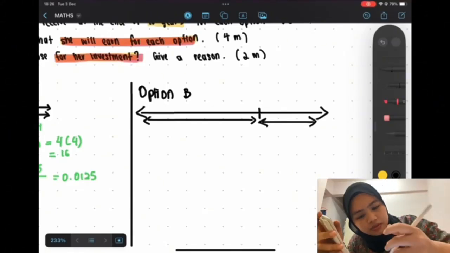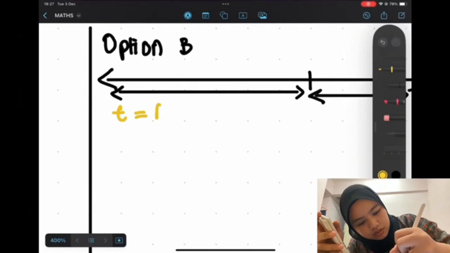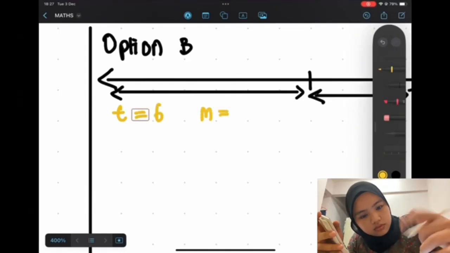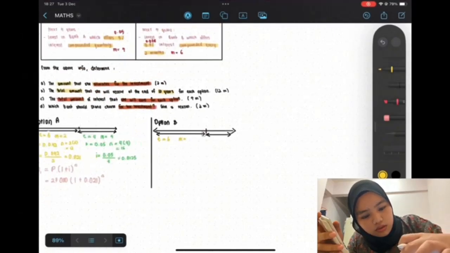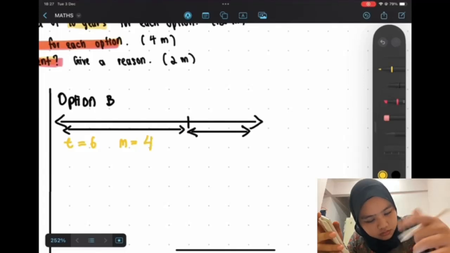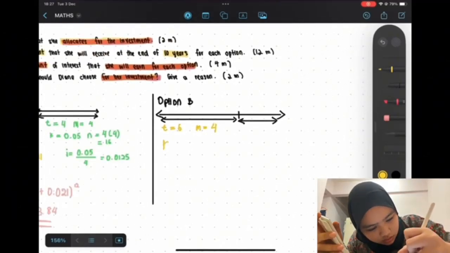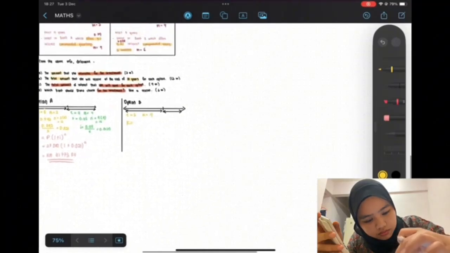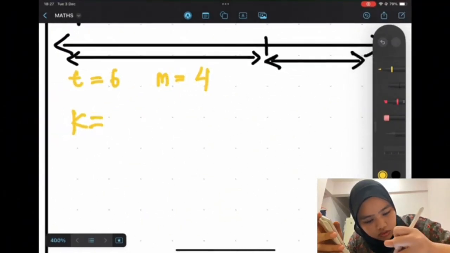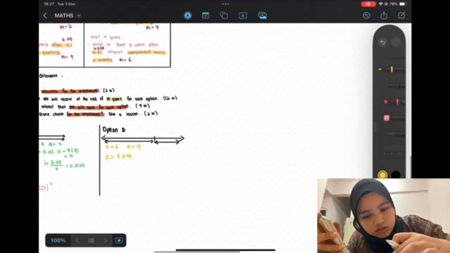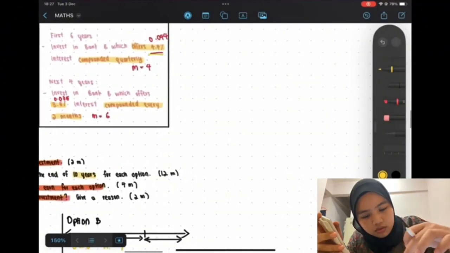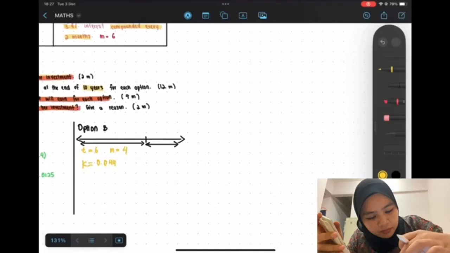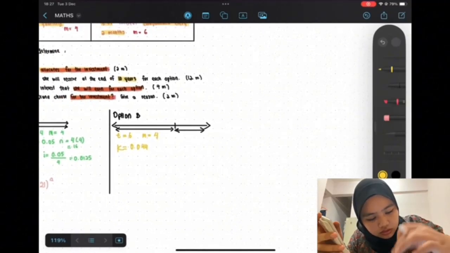For option B, the first 6 years, T equals 6, M equals 4, K equals 0.044, because the rate over here is 4.4%.